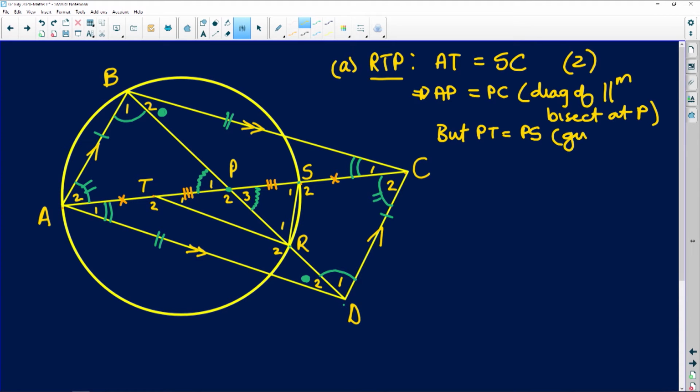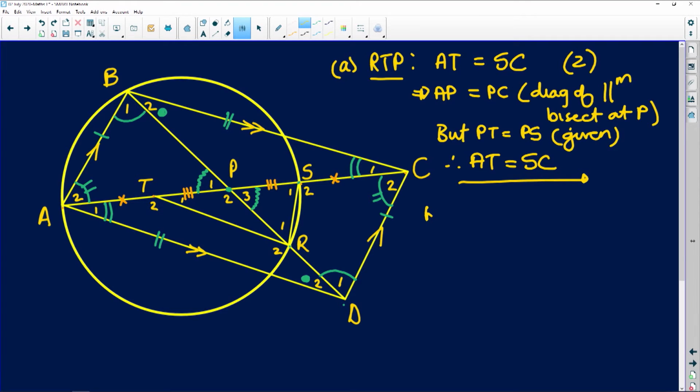That was given to us, folks, and then we can just conclude that AT is equal to SC. Straight argument worth 2 marks. You've written enough for 2 marks. Don't go and write an essay. No need for that. Okay, so let us go for the second part.